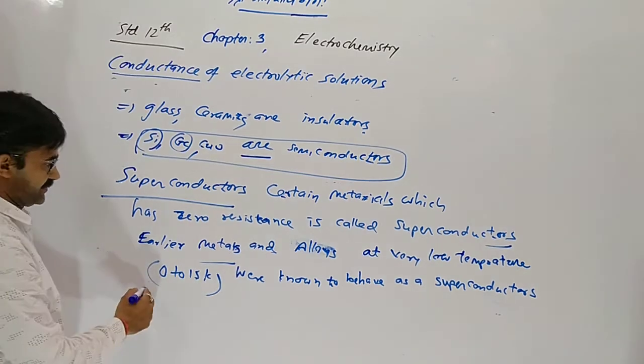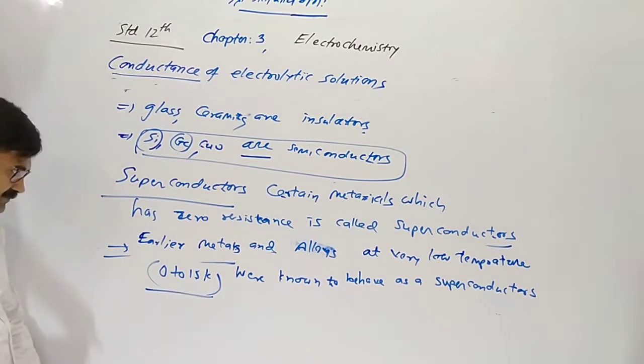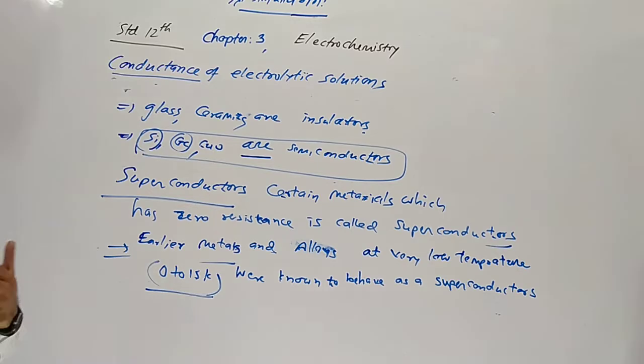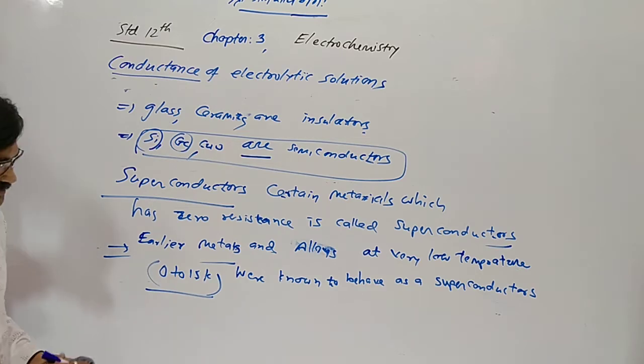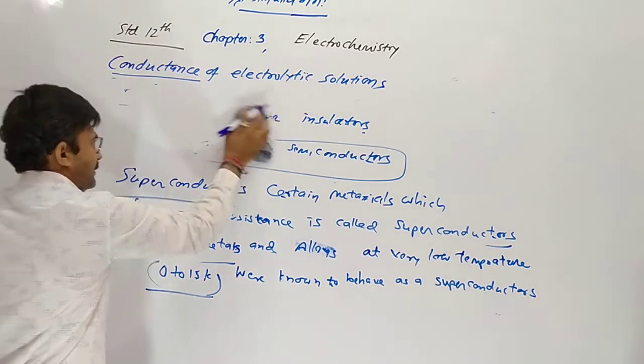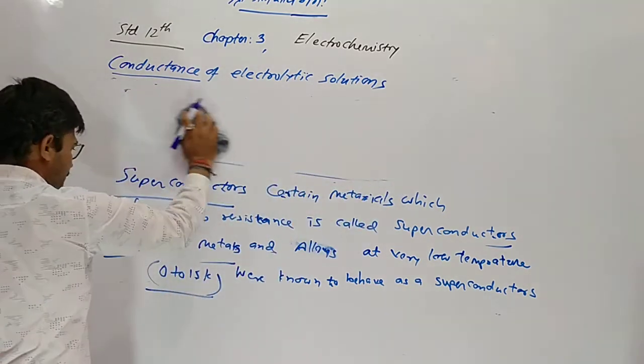But practically this is not useful. For any metal and alloy, reaching 0 Kelvin is not possible. So it behaves like a superconductor where resistance becomes 0.